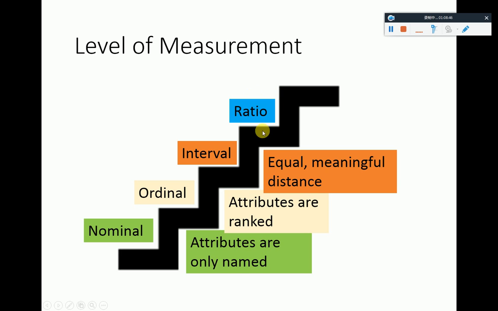Lastly, at the highest level, we have ratio measure. Ratio measure here is we add a true 0, a non-arbitrary 0, to this equal interval scale. And all these constitute the 4 levels of measurement, the 4 types of scales that we can use to measure the variables that we're interested in.